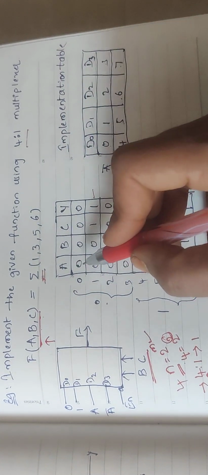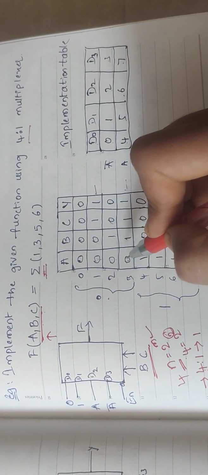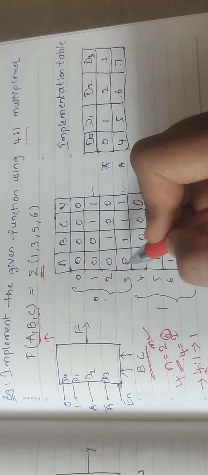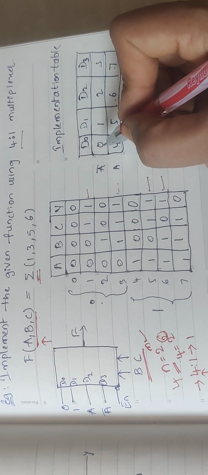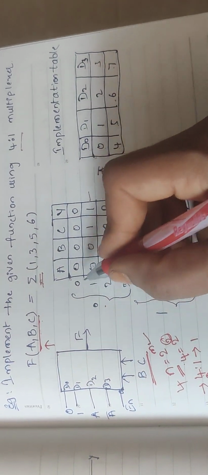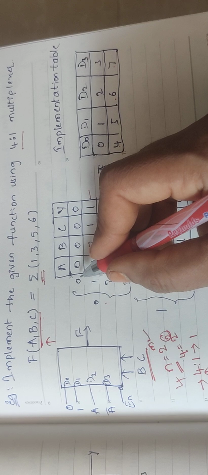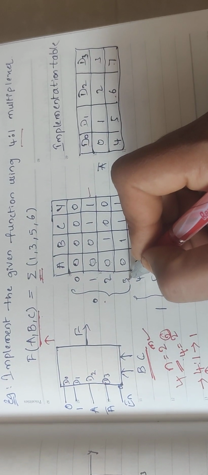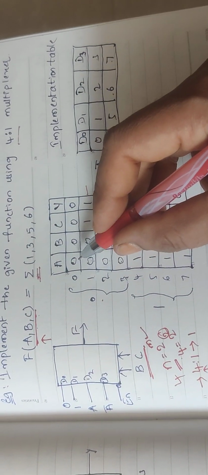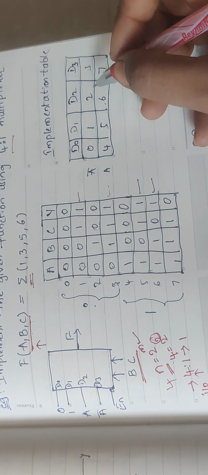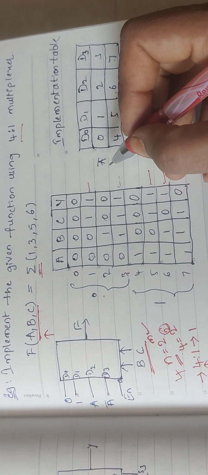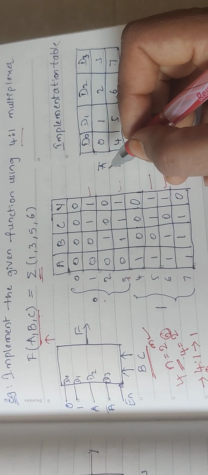For that reason the 0 value corresponds to the complement of the variable. For that reason for the first 4 rows 0 1 2 3, the decimal numbers 0 to 3 represent the value 0, and the value 0 in the SOP indicates the complement of the variable.